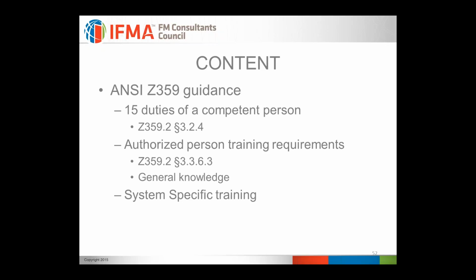An authorized person training, on the other hand, the primary purpose of that is really to help the persons who have to use active fall protection systems to make sure that they know in general how to properly wear harnesses, how to properly inspect the equipment that they're going to be using, how to estimate clearances for the systems that they're going to be using. So those courses can go anywhere from maybe 4 hours to 8 hours. That's kind of a rule of thumb.